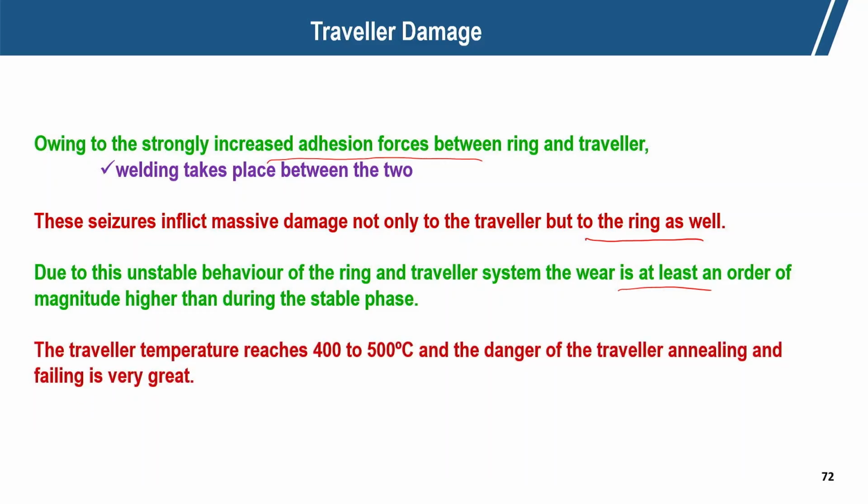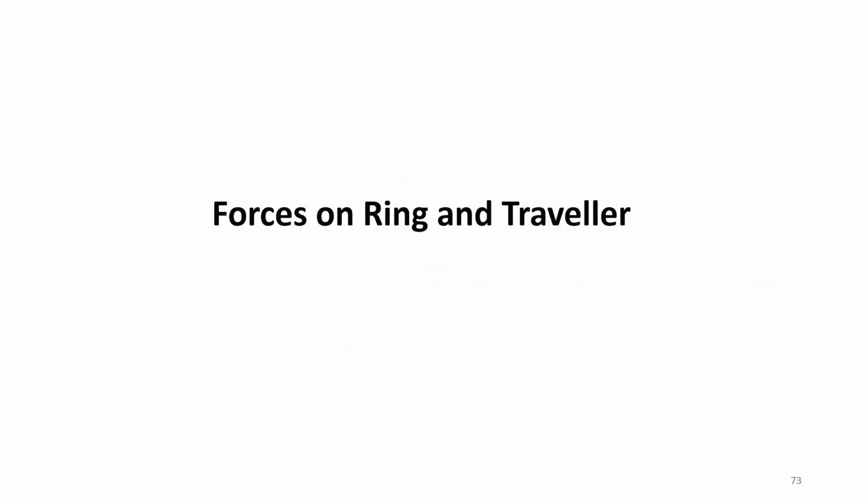Traveller temperature reaches between 400 to 500 degrees Celsius, and the danger of traveller annealing and failing is very great. So, at high speed, if the temperature reaches around 400 to 500, the traveller will fail due to thermal damage.